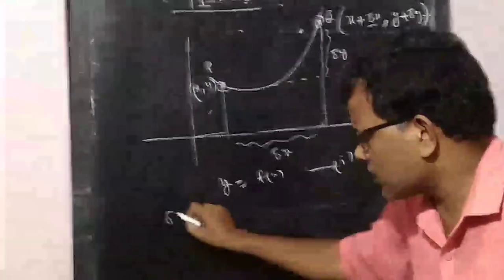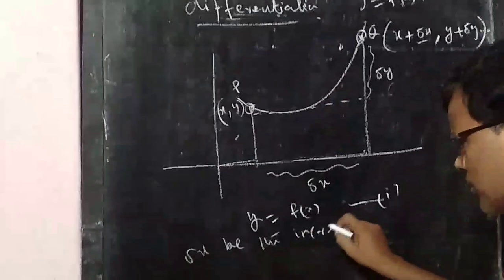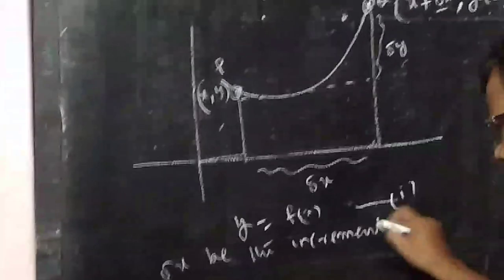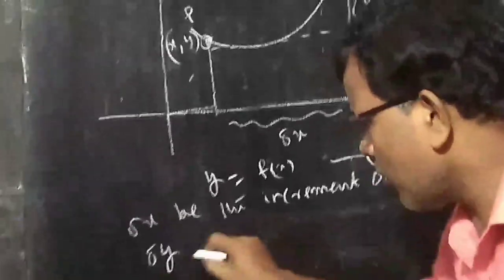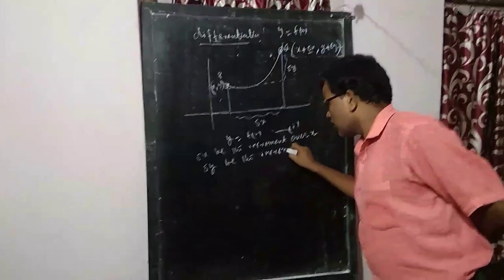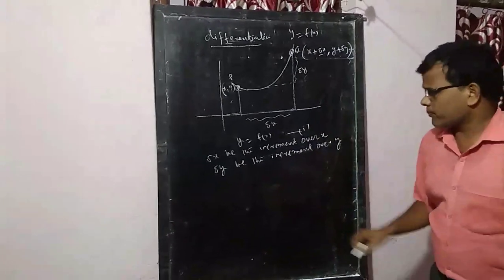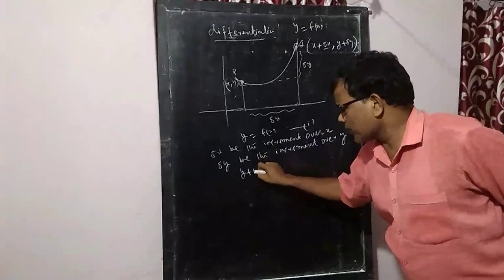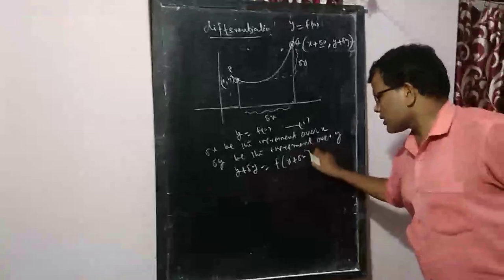So delta x be the increment over x, and delta y be the increment over y, so that y plus delta y is equal to f(x plus del x).